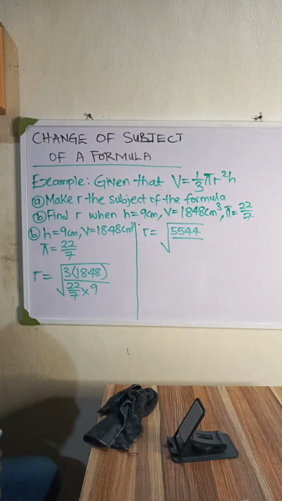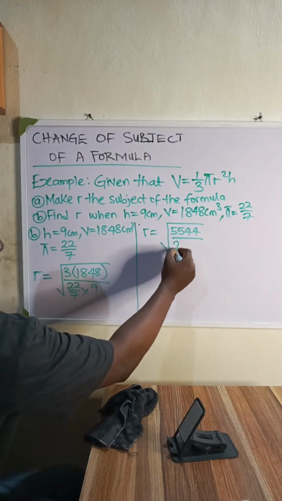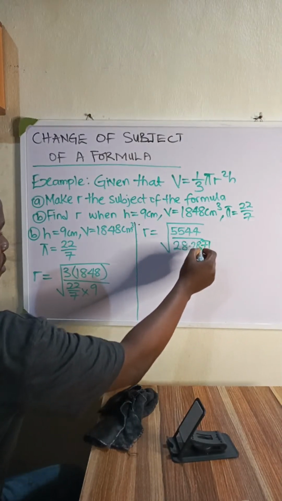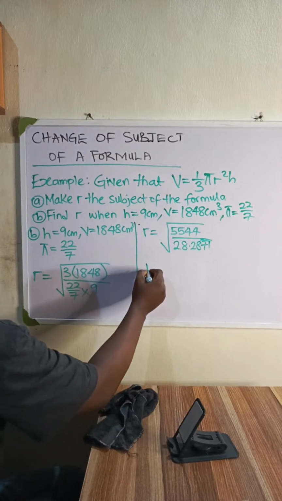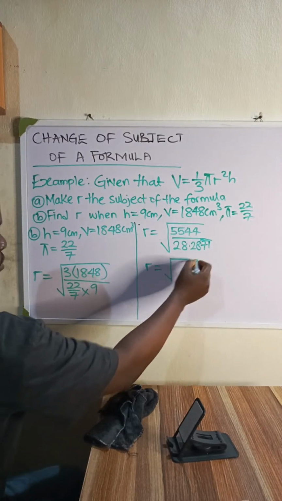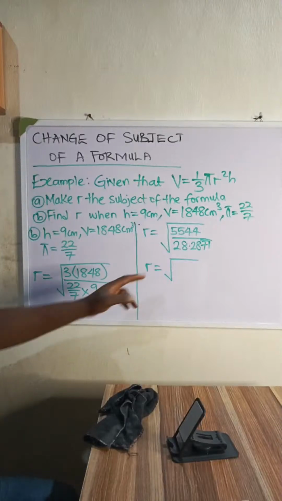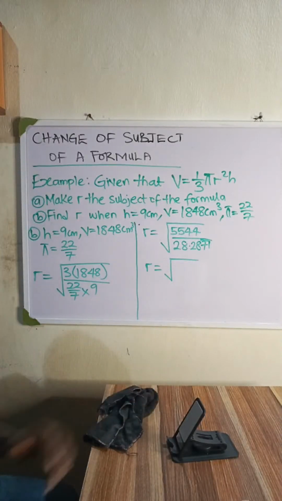So let's go with mine, 28.2871. Okay, so now we have R is equal to square root of 5,544 divided by 28.2871.